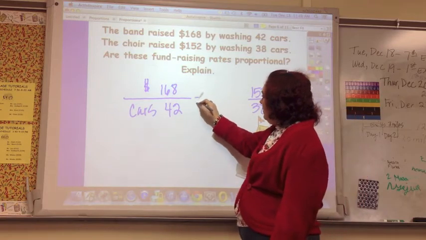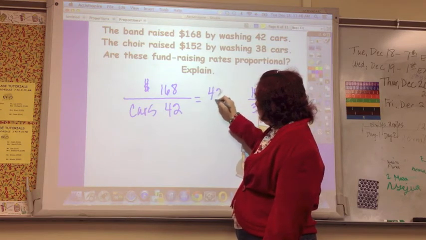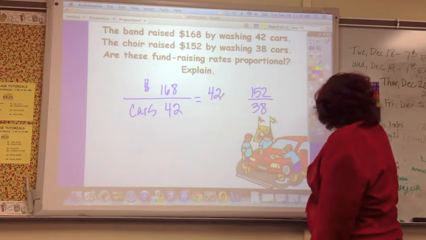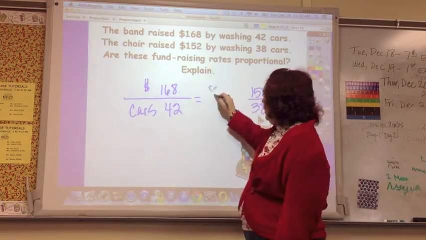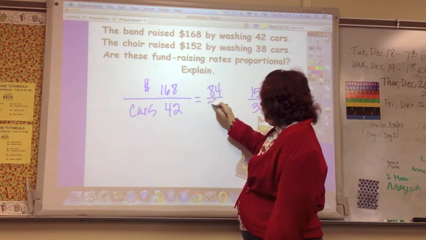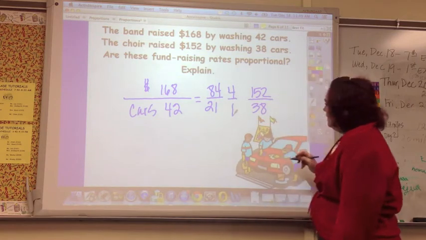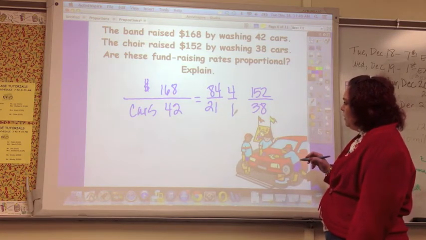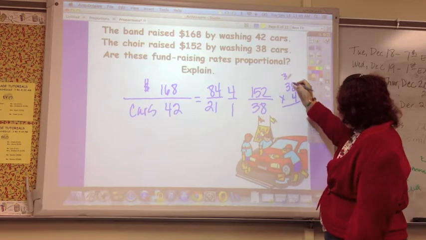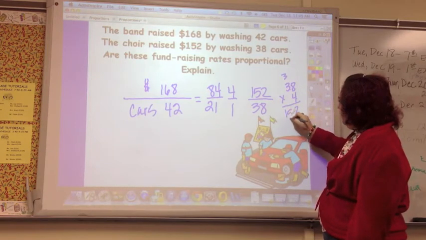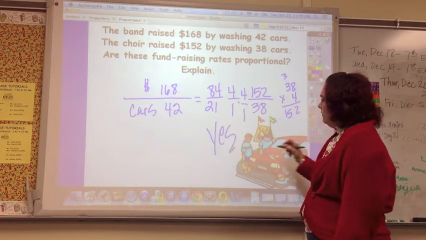So if I simplify this, divide by 4, so that's 4 to 1. Now let's see if 38 goes into 152 4 times. So 38 times 4 is 152. So that equals 4 to 1. So yes, it is proportionate.